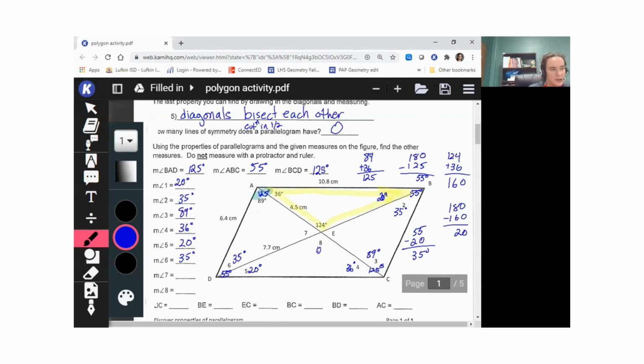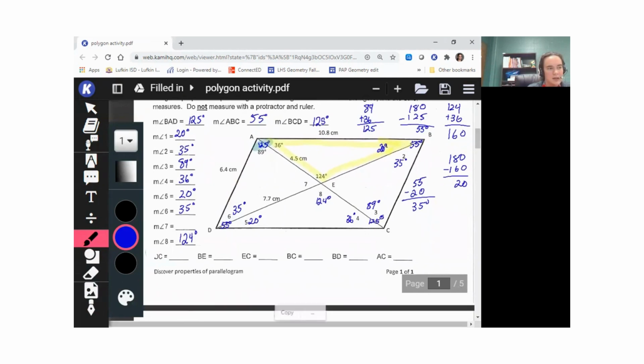So angle 8 is 124 degrees. And then I know that angle 7 and angle 8 are supplementary, meaning they add up to 180 degrees. So I can subtract 180 minus 124 and get angle 7. That's 56 degrees for angle 7.